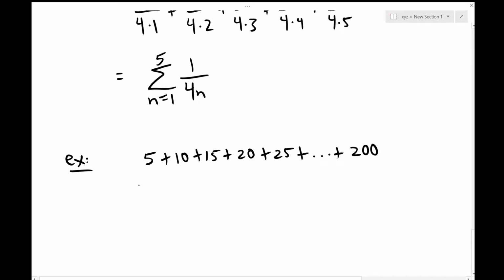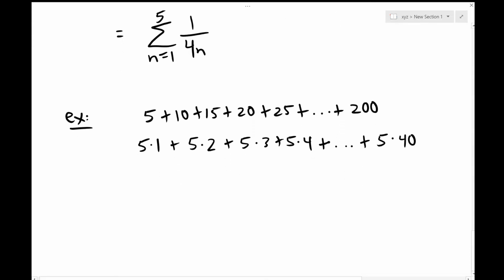So notice that we're taking 5 times 1 plus 5 times 2 plus 5 times 3 plus 5 times 4 and so on, but this keeps going until we get to 200, which we should recognize as being 5 times 40. So thinking of the numbers as multiples of 5, the last one is 5 times 40, which indicates what our last number is that we're plugging in.